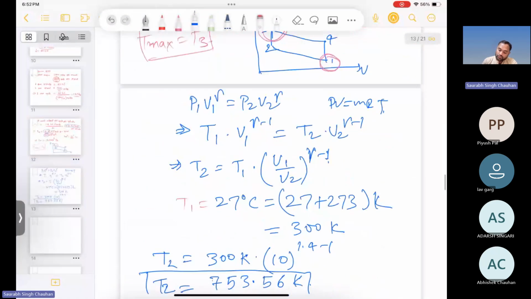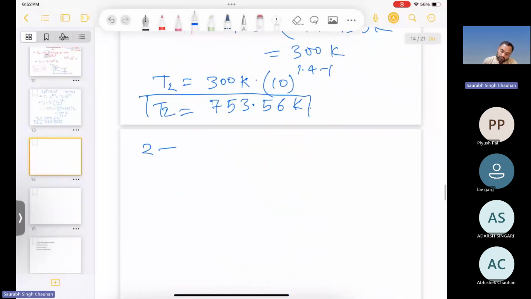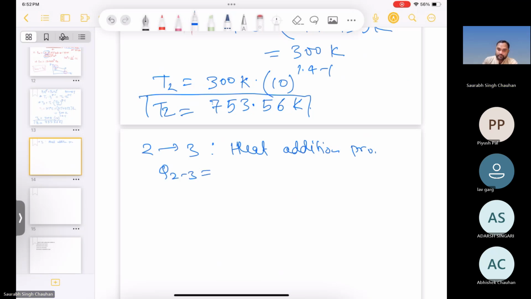For 2 to 3, which type of process is this? This is the heat addition process. And how much heat is added from 2 to 3? This will be mCV, because it is a constant volume process, times T3 minus T2.